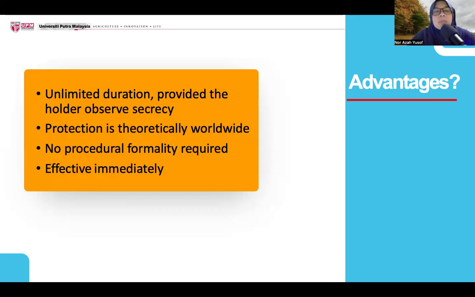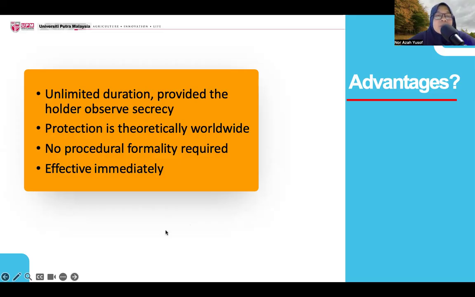But if somebody infringes, the word is infringement, your innovation inside Malaysia, that one you can take through a litigation process. No procedural formality is required, and it is effective immediately. It's quite easy because you just fill up one form and then you can get the TS number.